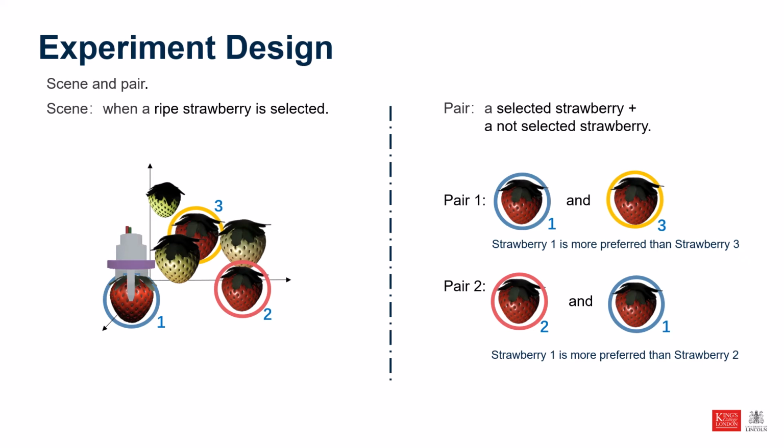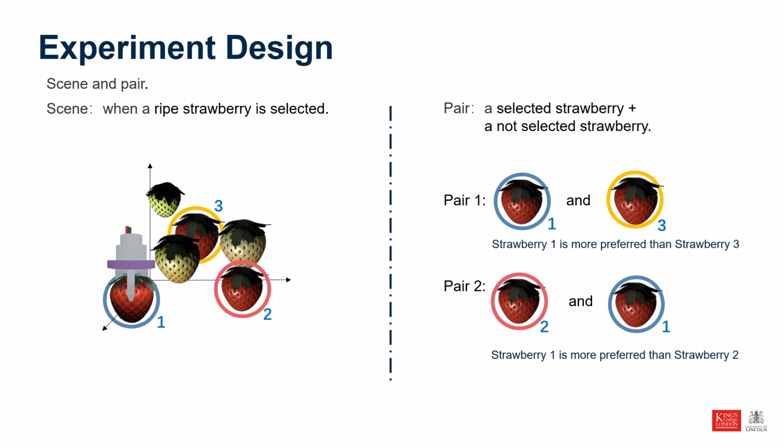For example, here the selected strawberry 1 in the blue circle is paired with strawberry 2 and strawberry 3 respectively. Strawberry 2 and strawberry 3 are less preferred than strawberry 1 in this scene according to the behavior of the user for picking strawberry 1 first. The order of strawberries in a pair is randomized.